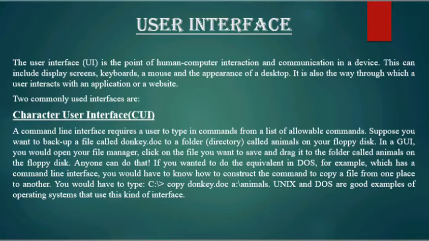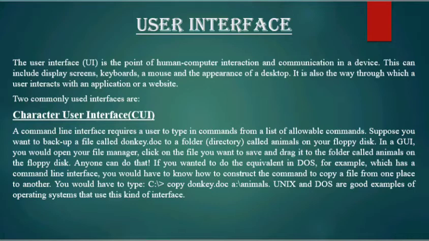If you are using other types of operating systems like Unix, Linux or DOS, we need to go to the command prompt, then from the command prompt we need to type certain commands to open the application.